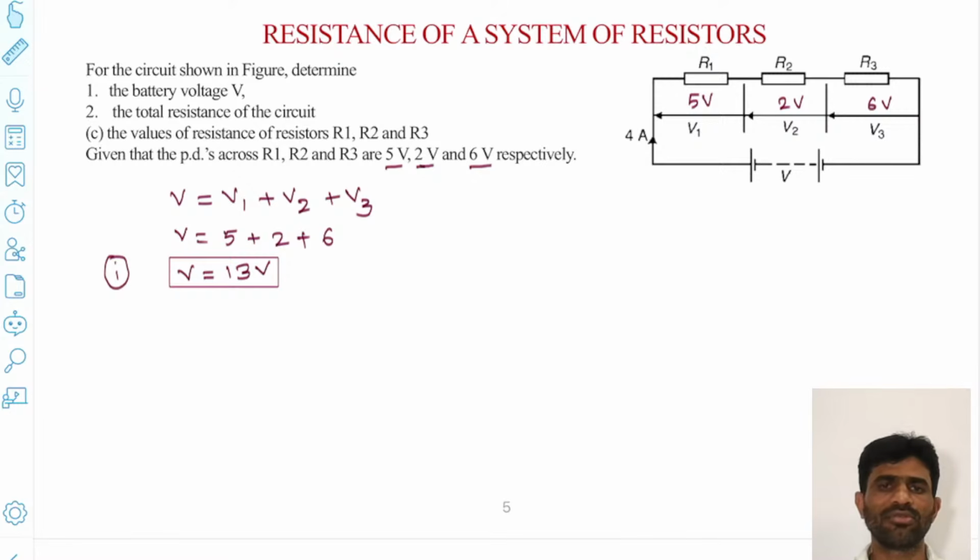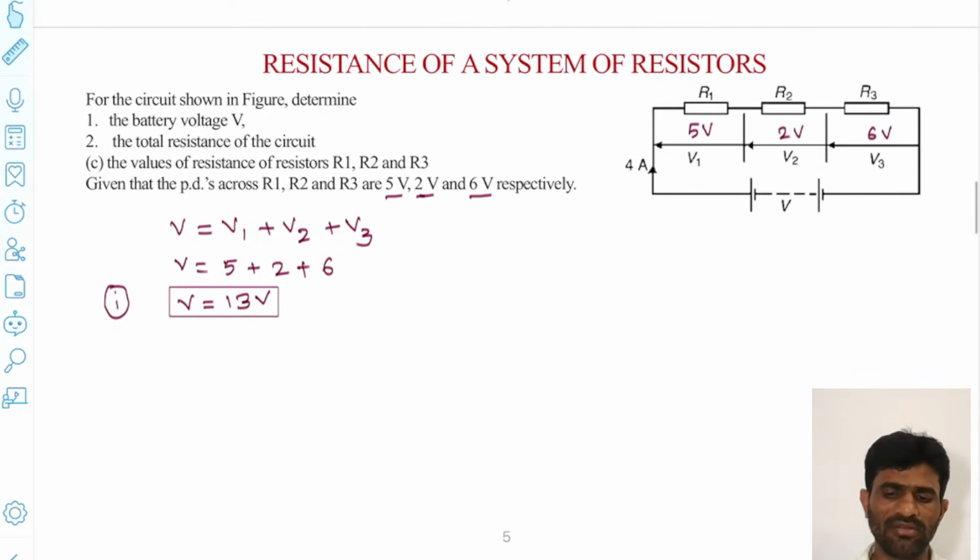Now let's see how to do the second one. The second question is we have to find the total resistance of the circuit. Can you give me an idea how to find the total resistance? How can we find the total resistance? You know V is equal to IR, but we want R here.